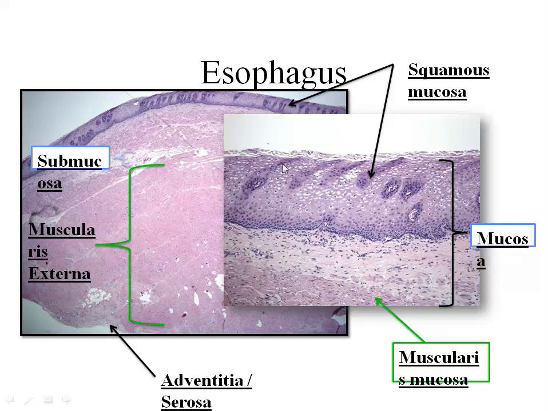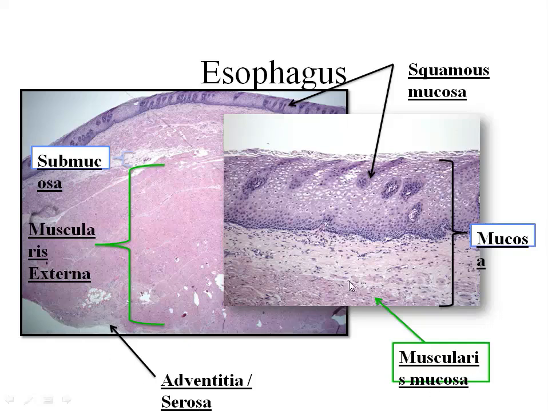So that is a stratified squamous epithelial layer you can see here. It is called squamous mucosa or stratified squamous epithelial layer. After that, here is the muscularis externa portion, then the submucosa portion, and this is the outermost adventitia portion.